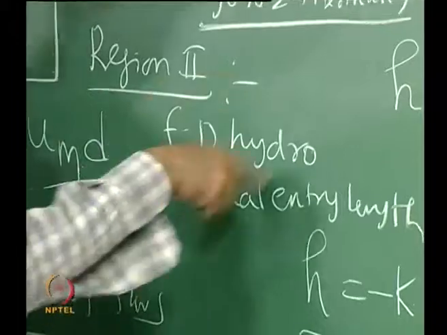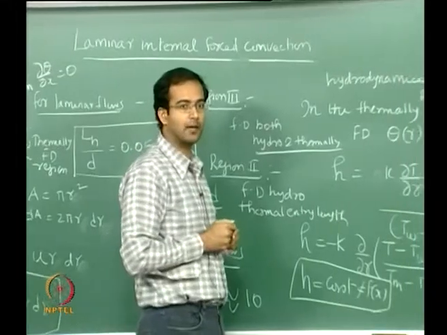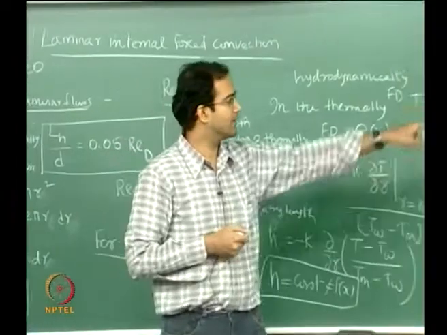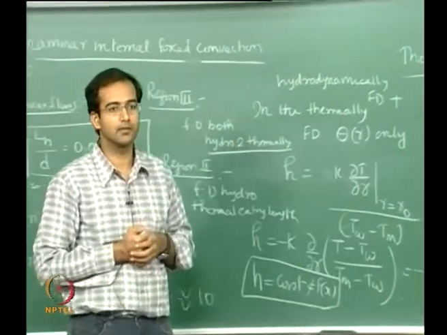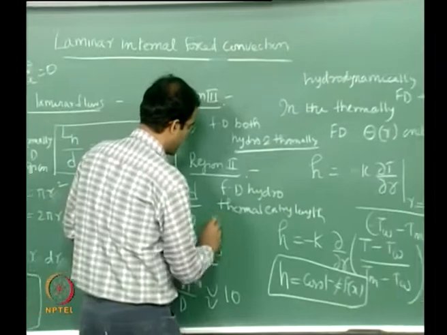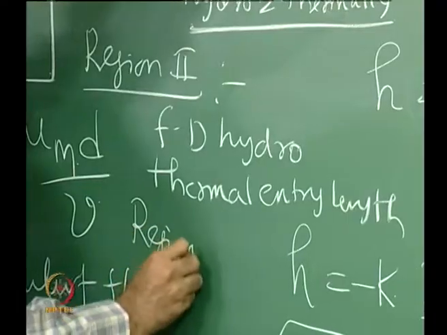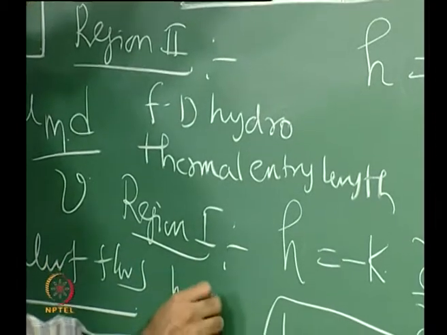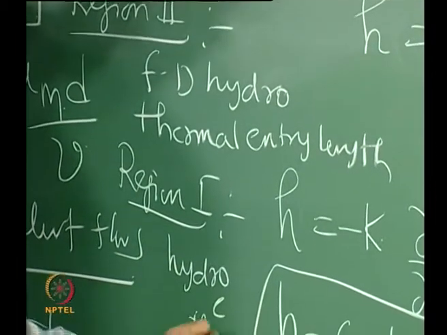Here your velocity profile is a fully developed profile, but the equation that you are solving doesn't have the condition d theta by dx equal to 0. Finally, the most complicated is region number 1, where you have both hydrodynamic and thermal entry length.